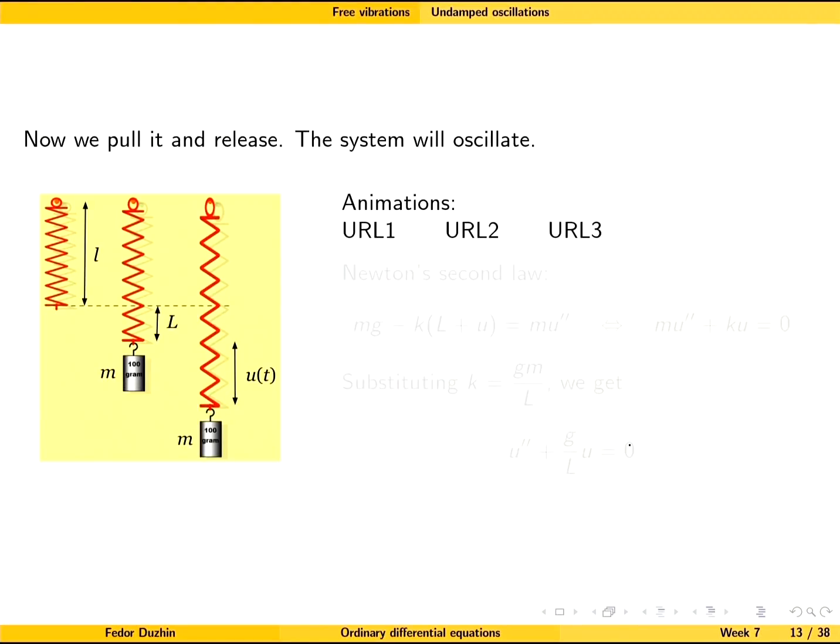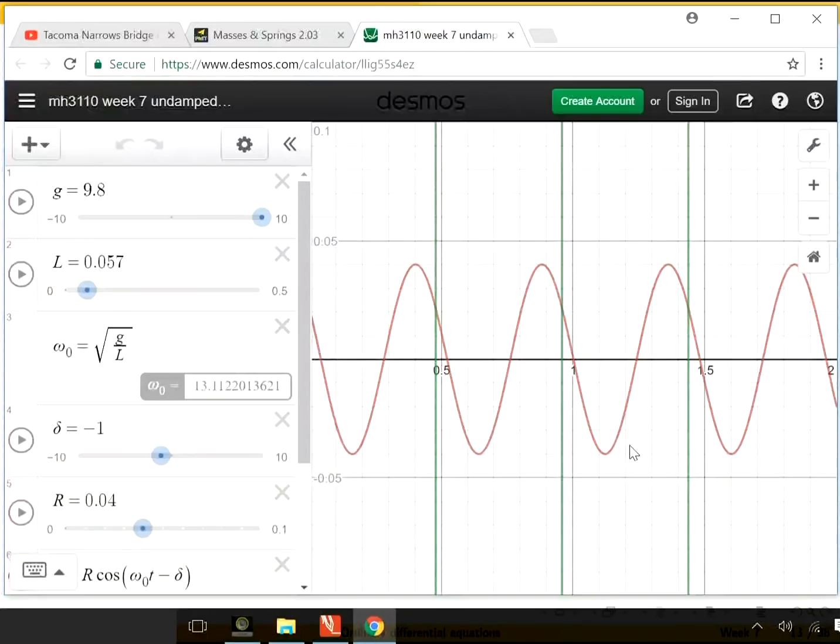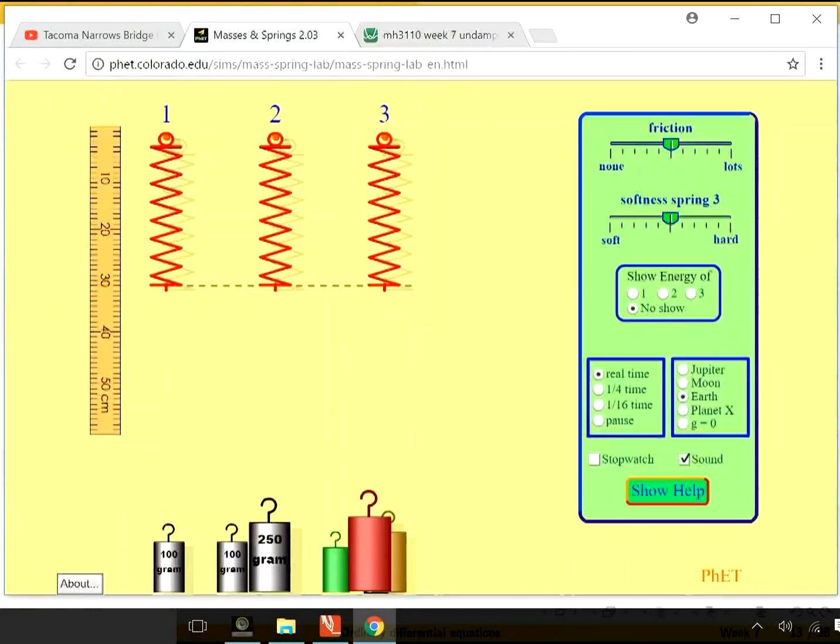All right. Furthermore, imagine that we are going to pull it a little bit further and then release. Let me show it to you on an example.